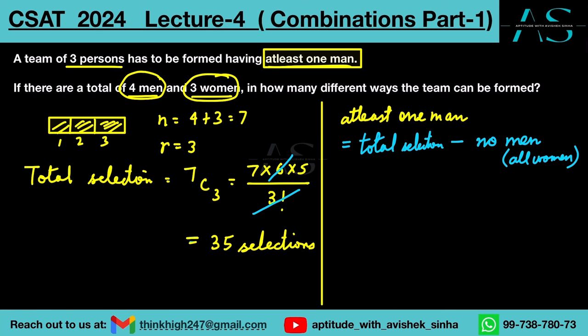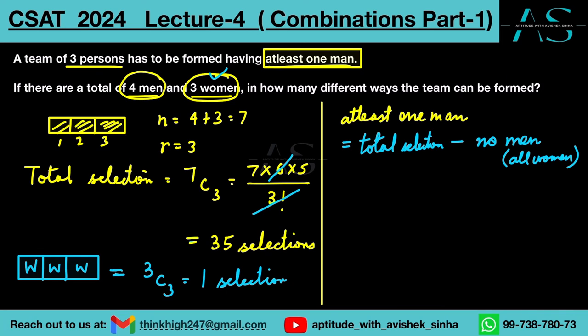Okay, so let's talk about all women. The team comprises 3 women. And how can we form a 3 women team? From the 3 women that we have. So 3C3, that is 1 selection.